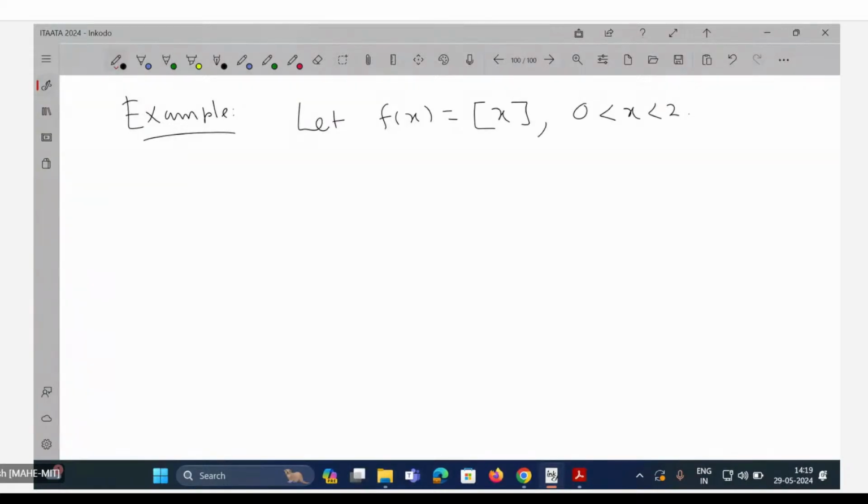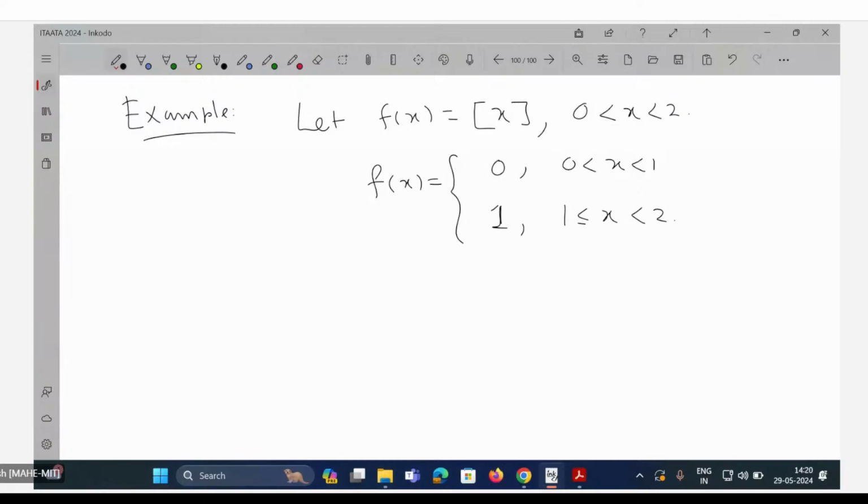In between, so 0 and 1 it is 0, so 0 when 0 less than x less than 1, and then 1 when 1 less than or equal to x less than 2. Correct? So now what type of discontinuity do you have?